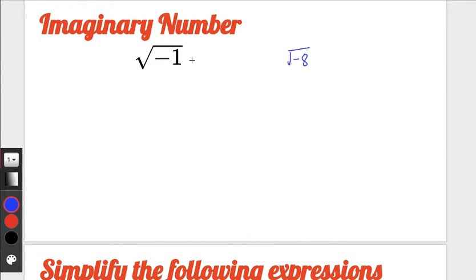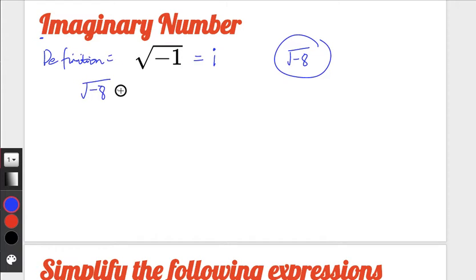So in order to deal with this number, we define the imaginary number. The square root of -1, we define as i. That matches the imaginary number i here. So this is the definition: we name square root of -1 as i. In that case, if I have radical -8, I can break it down as radical 8 times radical -1.